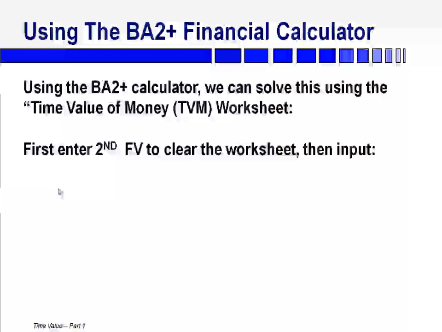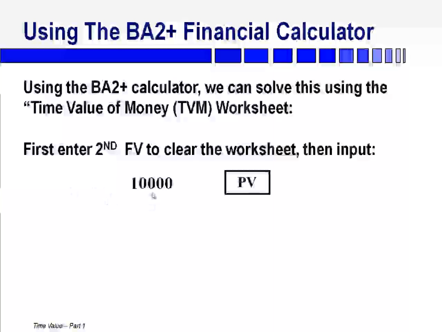So here's an important point. We're going to be entering a variety of values into a variety of locations. The order that you enter the inputs doesn't matter. In other words, it doesn't matter whether you enter PV first and then IY, or IY first and then PV. But what does matter is the order of what I call value versus storage.